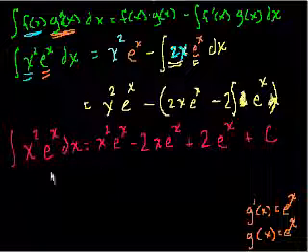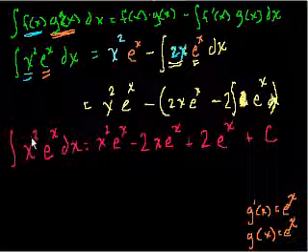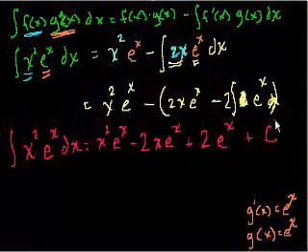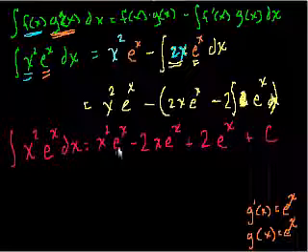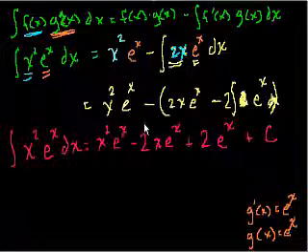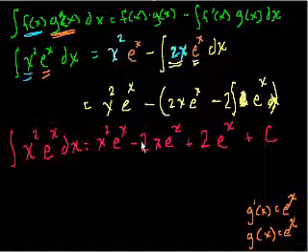But every time you do integration by parts, the exponent on the x term becomes smaller and smaller until you get to something that's really easy to integrate, and then you'll have this big long expression. It might be tedious, it might be hairy, but at least you have something in your toolkit that you can tackle integral problems like this.